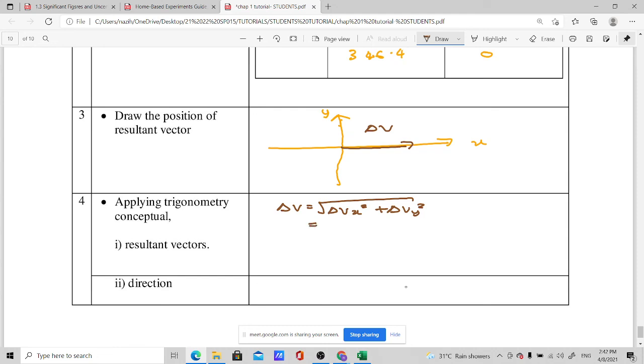This formula is not given in the formula sheet, so when you use it, usually one concept mark will be given. So it equals 346.4, and the unit for delta V would be m s^-1. And the direction is clearly to the right, so you don't have to do the inverse tangent. So this is the final answer, to the right.